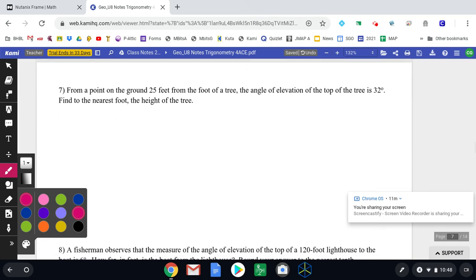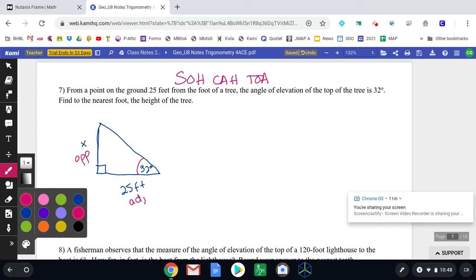Okay, number 7. From a point on the ground 25 feet from the foot of a tree. So here's my tree, 25 feet away. The angle of elevation of the top of the tree, 32 degrees. I'm looking for the height of the tree. Okay, thinking about SOHCAHTOA again. So I have my opposite, I have my adjacent. That's going to tell me I'm using tangent again. Tangent's a very common function to be using.